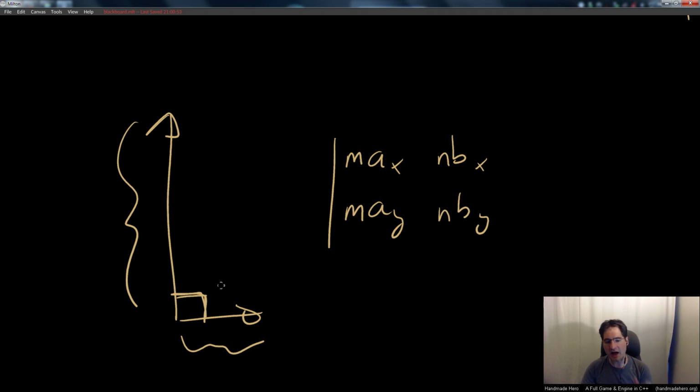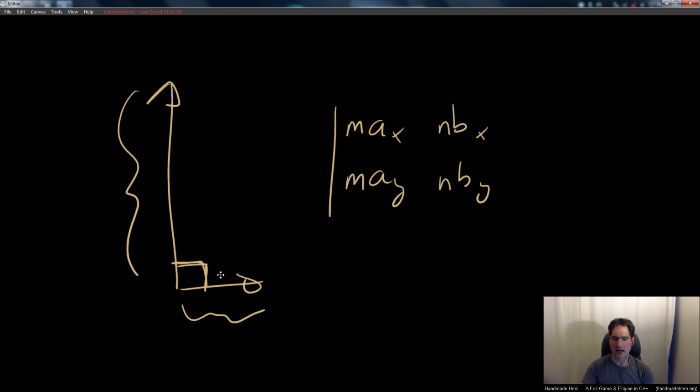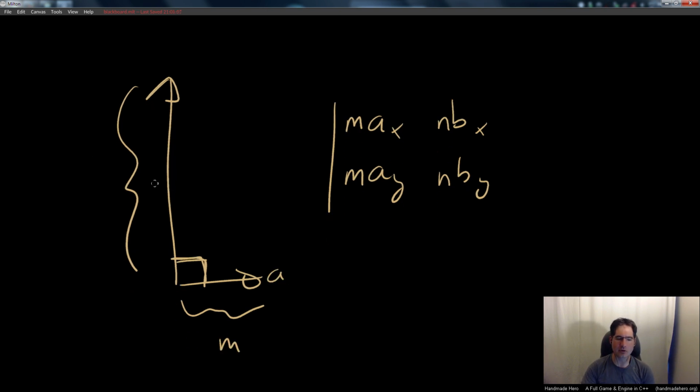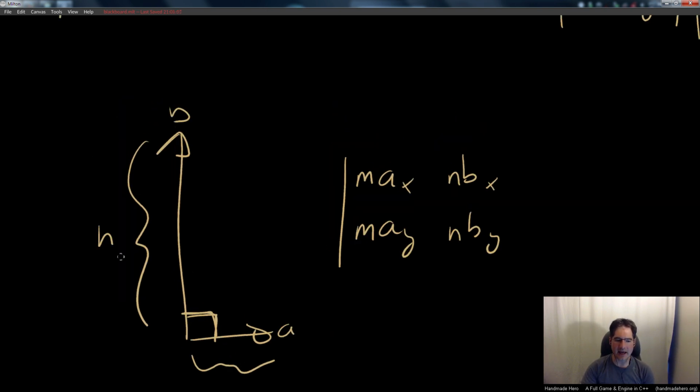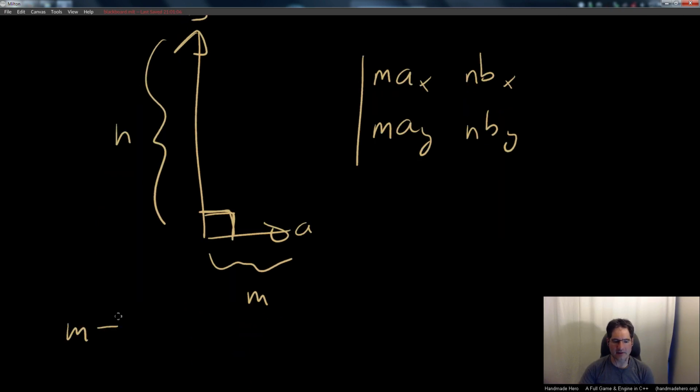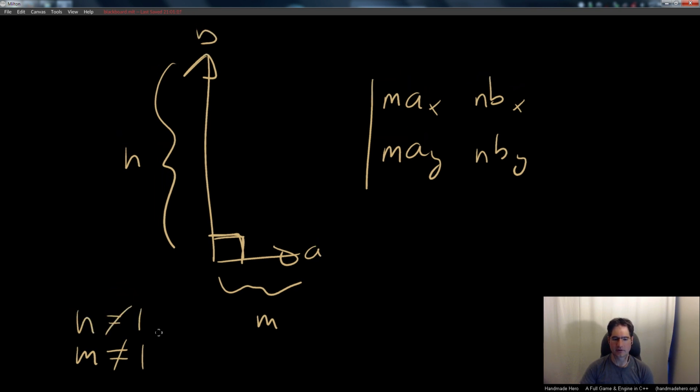They're still orthogonal vectors, but they are not orthonormal anymore, because A is M long, and B is N long, and M is not equal to 1, and N is not equal to 1. They're something else.